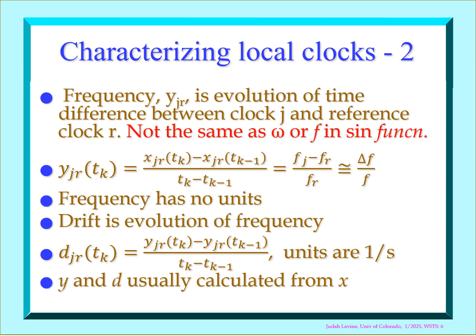Now, there are two more quantities which are used to characterize the clock. One of them is the frequency of the clock, which is simply the evolution of the time difference between successive observation times, tk minus 1 and tk. Now notice that this frequency is the evolution of the time difference. It is not the same thing as the frequency of the electrical oscillator that we talked about several slides ago.